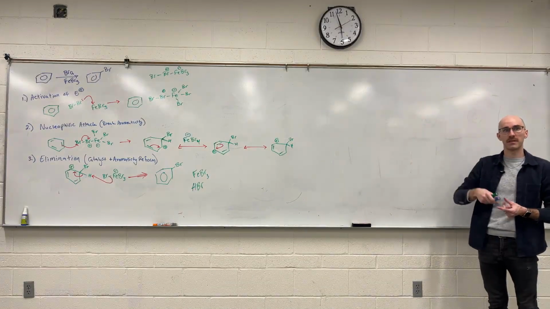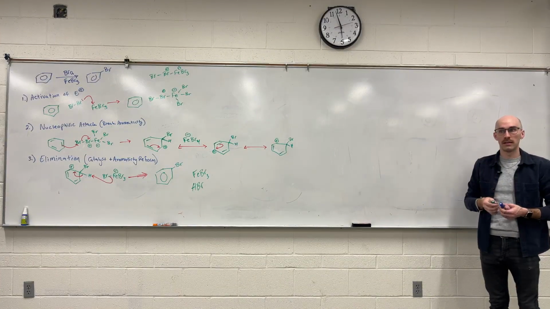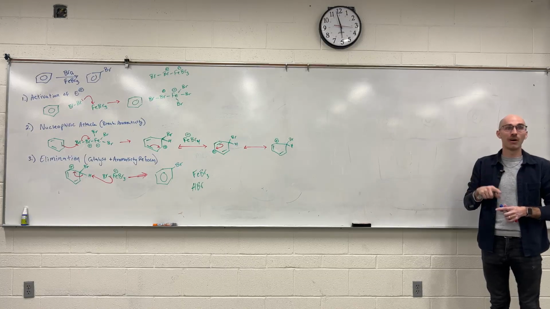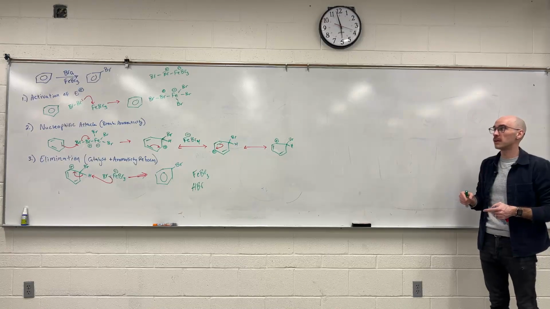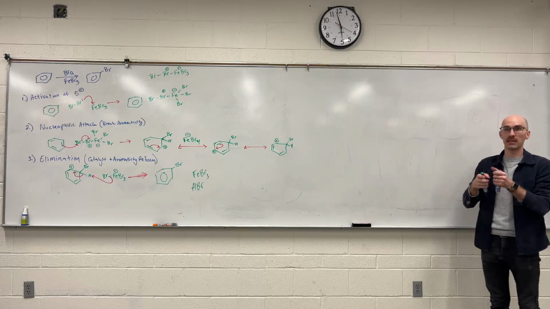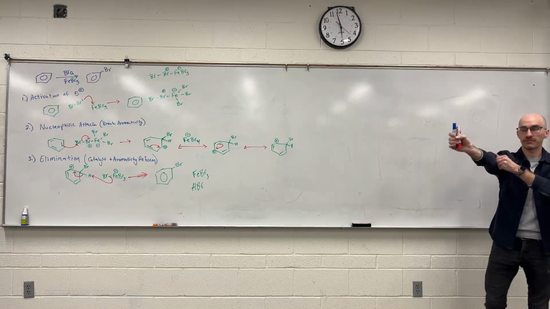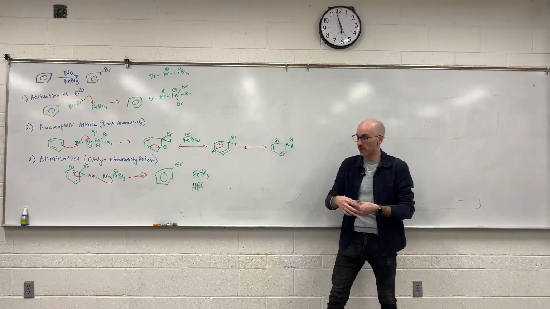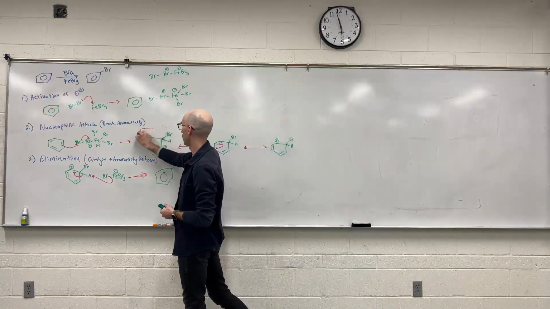How many steps? 3 steps. It was not a lot of steps. One of the steps formed a resonance stabilized intermediate. Let me ask you this. Which of these 3 resonance forms is the most stable?